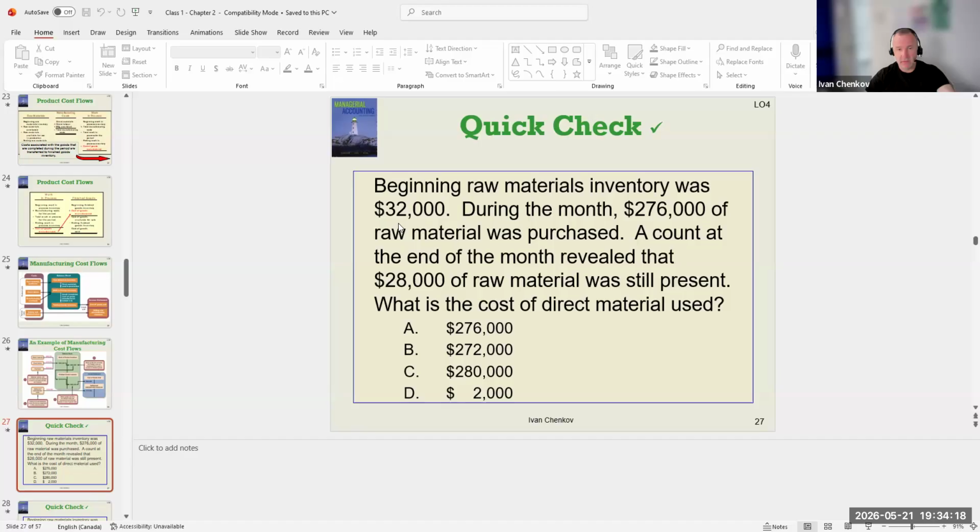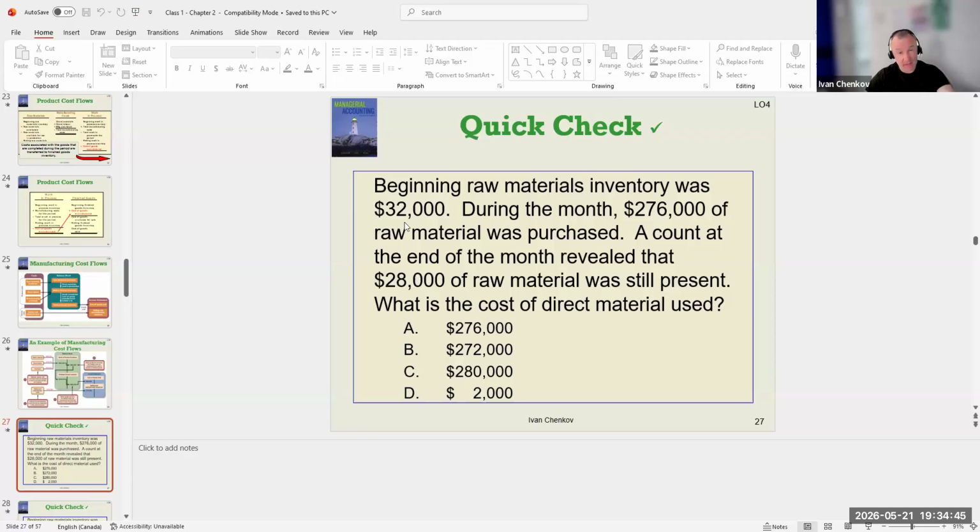The other way that you can do it is think about it. Beginning balance is 32. Ending balance is 28. Is the ending balance higher or lower than the beginning balance? Lower. If it's lower, watch this.